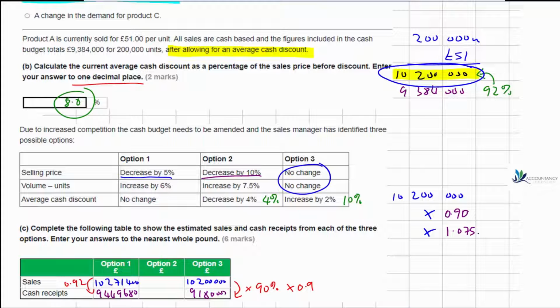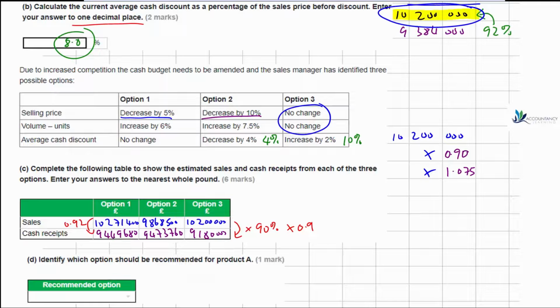So if we do that, we have an expected income of 9,868,500. And remember, in this case, we're going to reduce our cash discount by 4%. So we're only giving a 4% discount. And therefore, we're going to multiply that figure by 0.96. And that's going to give us cash receipts of 9,473,760.